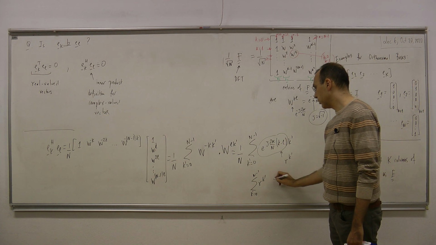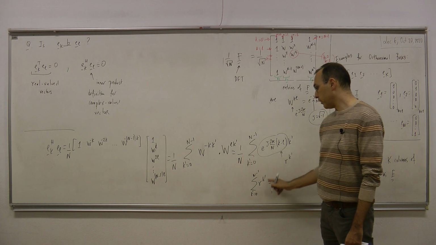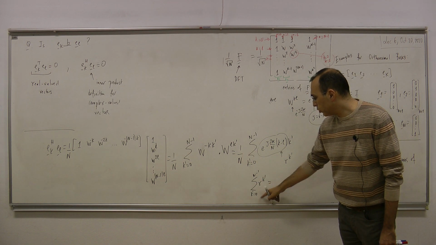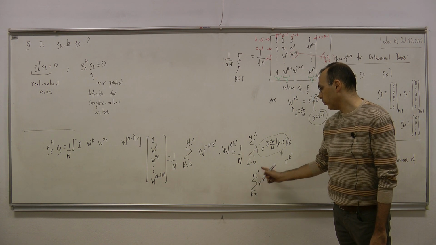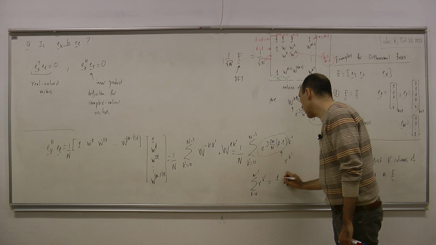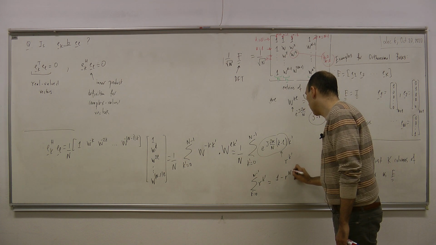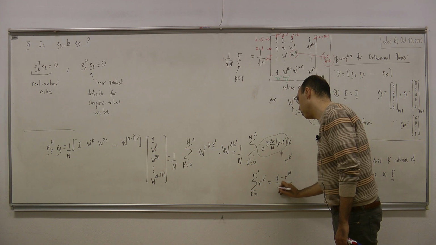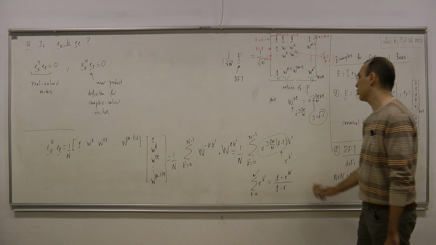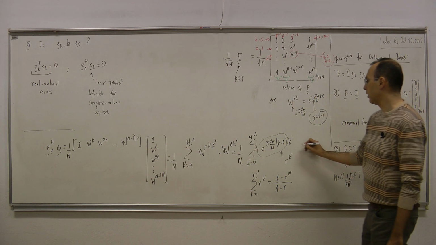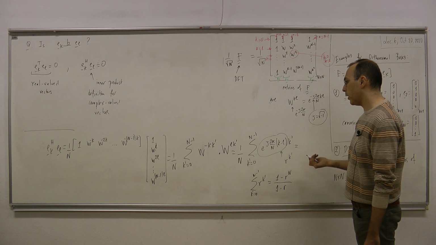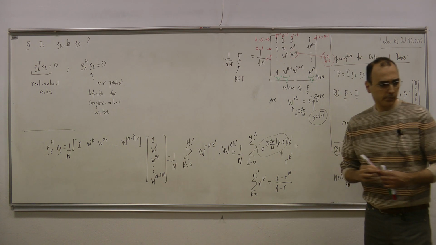So what is this summation? This summation is nothing but a geometric series, and it's a finite geometric series, so it has only n terms. I know this result from my earlier knowledge. I won't be proving this. It's very easy actually to prove. So I get something like that. So if you check this, then what do I have?